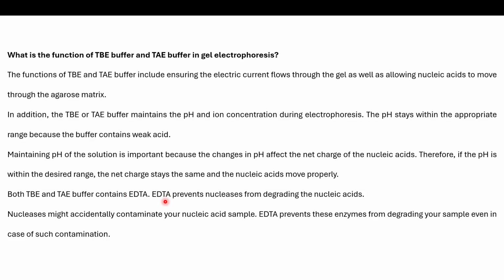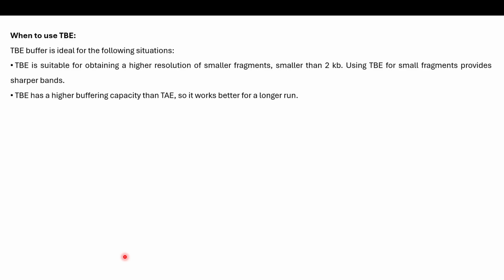Okay, or using EDTA accordingly in your buffers or in your sample solutions can help in preventing nuclease degradation. So EDTA will prevent these enzymes from degrading your sample even in case of any kind of contamination.